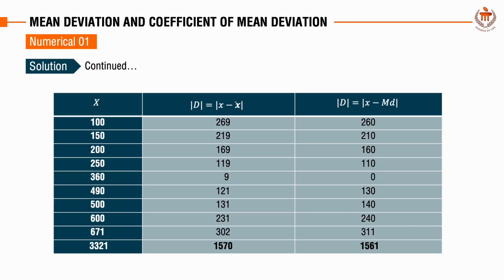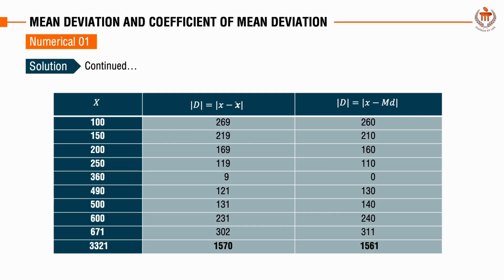And for the median: 100 minus 360, then 150 minus 360, then 200 minus 360, then 250 minus 360, then 360 minus 360, then 490 minus 360, then 500 minus 360, then 600 minus 360, then 671 minus 360.